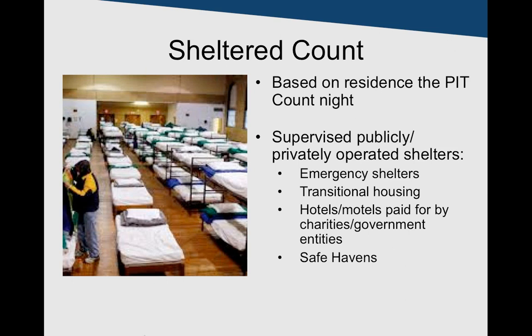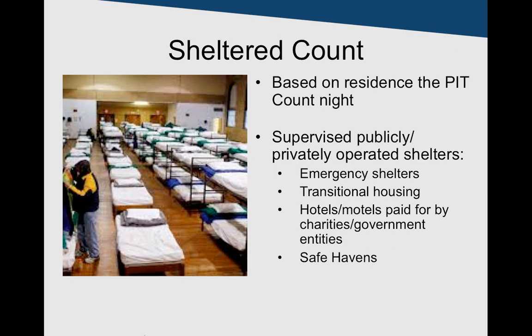For the shelter count, CoCs should include all individuals and families who meet the criteria in paragraph 1, 2 of the homeless definition in 24 CFR 91.5, the homeless definition final rule.